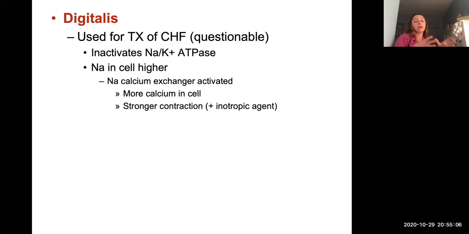Instead of putting calcium out of the cell and sodium in, it puts sodium out and calcium in. The calcium goes into the sarcoplasmic reticulum, and more calcium is bound, which allows for more forceful muscle contraction.